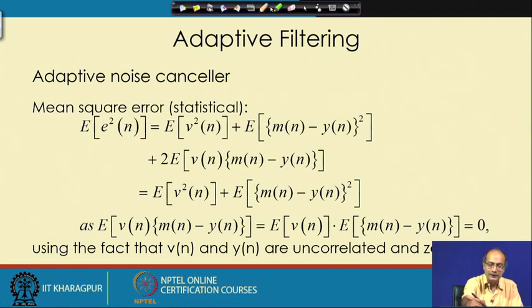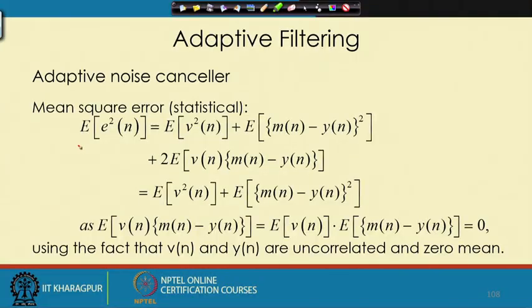So, now let us look at that form more closely. As we know, in case of an optimal filter, when we talk about optimality, we need to say what the sense of optimality is, and once again that sense is that we are trying to minimize the mean square error. So, let us look at the expression of the mean square error.